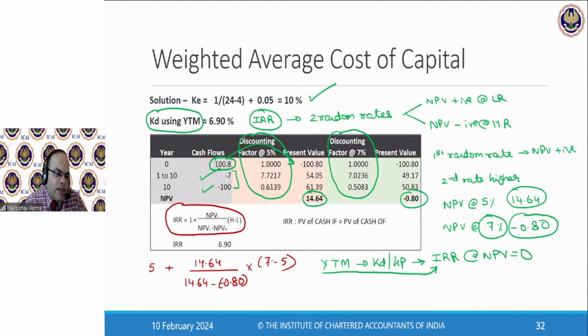If we apply this, we are getting 6.9. That means, as we expected, this number is closer to 7%, because NPV was closer to zero. So between 5 and 7, the answer had to be closer to 7%. This is the logic. This is the concept.